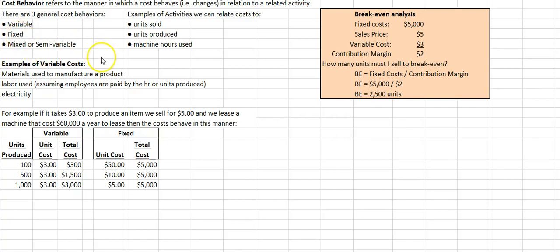For example, let's say I have factory rent, and my factory rent is $10,000 a month. That is not going to change regardless of how many units I produce or how many units I sell. It's going to stay flat at $10,000 a month. That's why it's called fixed.